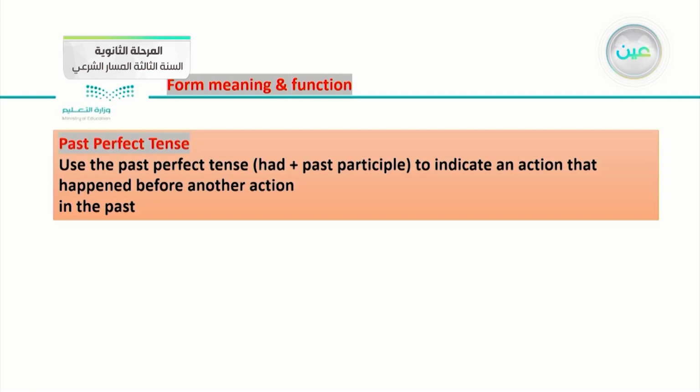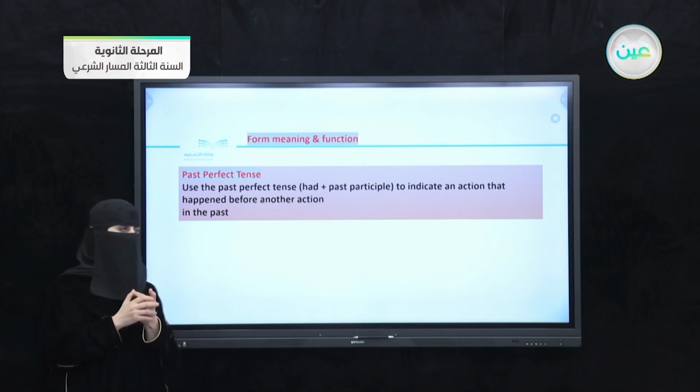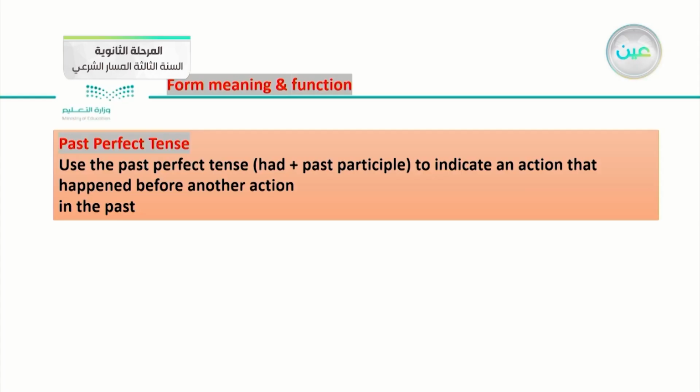Now we will talk about the past perfect tense. What do you think the past perfect tense is, and what is the structure of it, miss? What is the suitable situation when we're using it? We can summarize that grammar.